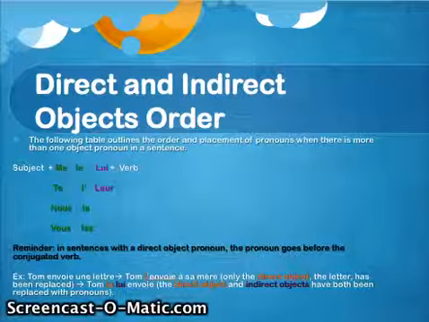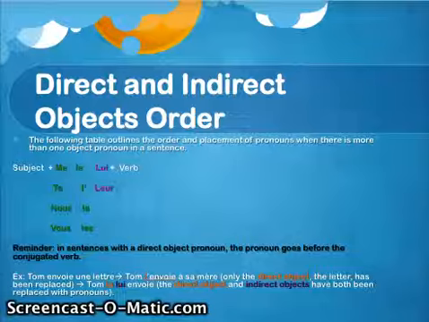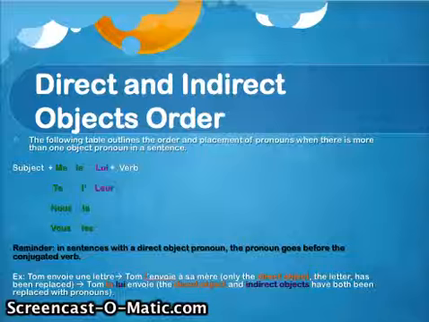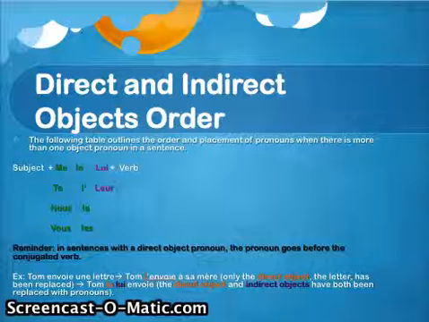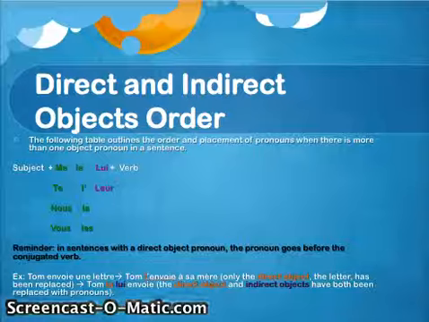Okay, here's where it gets even more tricky, or it kind of becomes like some sort of headache if you are somewhat confused with the direct object pronoun and indirect object pronoun. But as we practice more and more, it will become a lot easier.